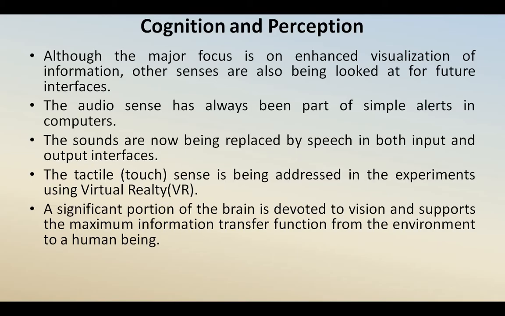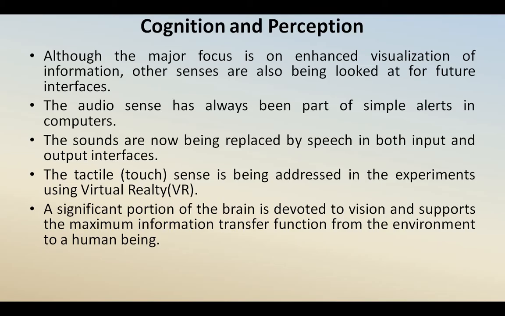So it has some supporting functions which can transfer the information in the human environment, which humankind can easily understand. Okay, so apart from information visualization, we can have sounds, speech recognition methods, and virtual reality methods, and the brain also has functions to transfer information in information visualization capacity.